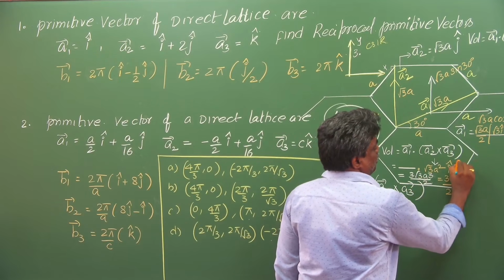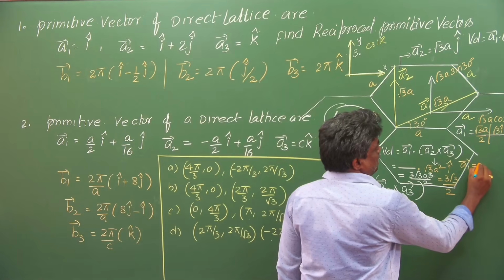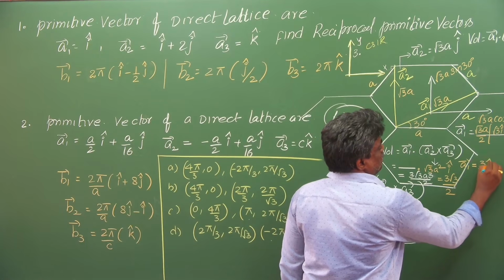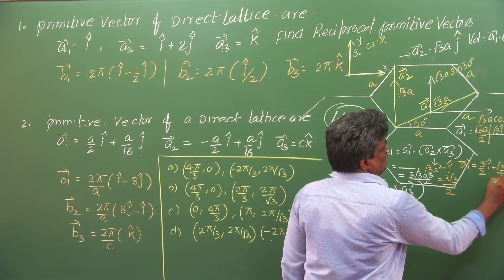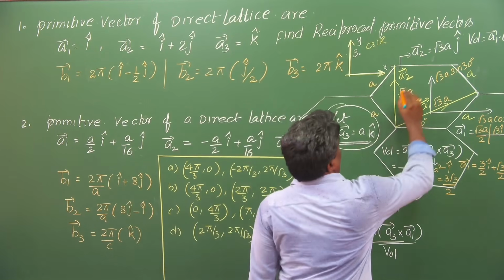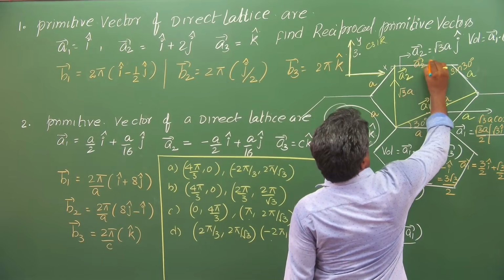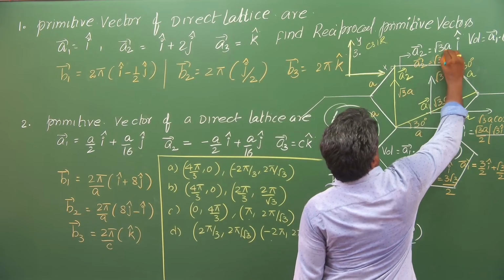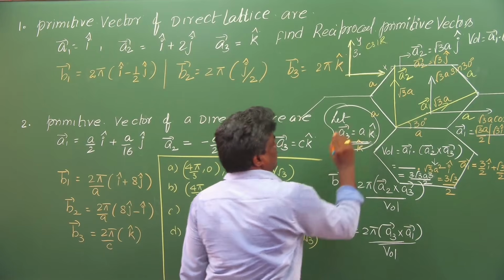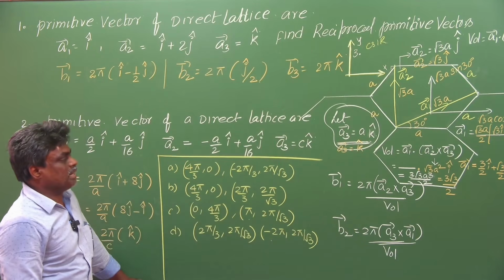And your A1 bar is 3 by 2 i cap plus √3 by 2 j cap. Your A2 vector is √3 j cap. And your A3 vector is k cap, because he has given the parameter as 1.